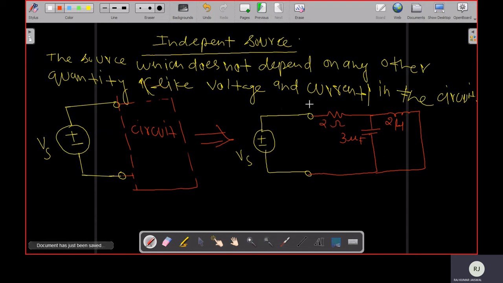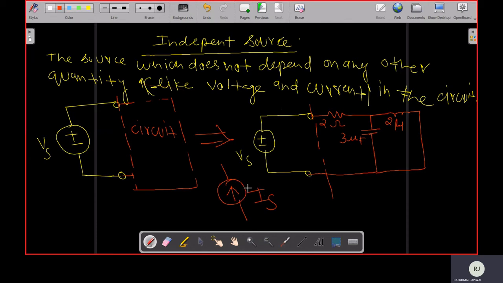It's not going to get affected by these circuit elements. That's why it is called the independent source. This is the voltage source. Likewise, you could show the current source by this representation IS, and in place of voltage source you could connect the current source.